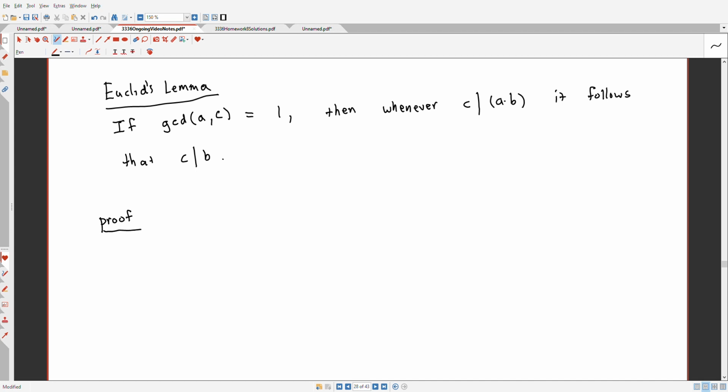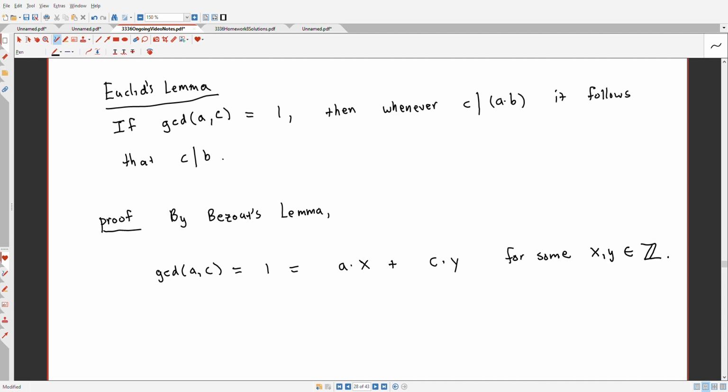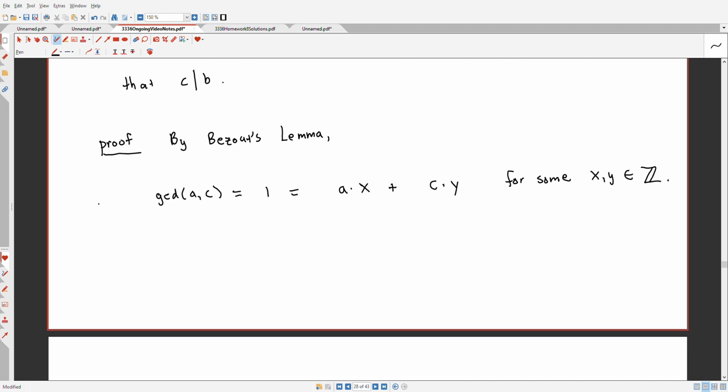We're going to use Bézout's identity or lemma. So by Bézout's lemma, we know that the GCD of A and C, which I'm assuming to be 1, is a linear combination of A and C. So for some integers, x and y, that's actually the key step in this version of this.